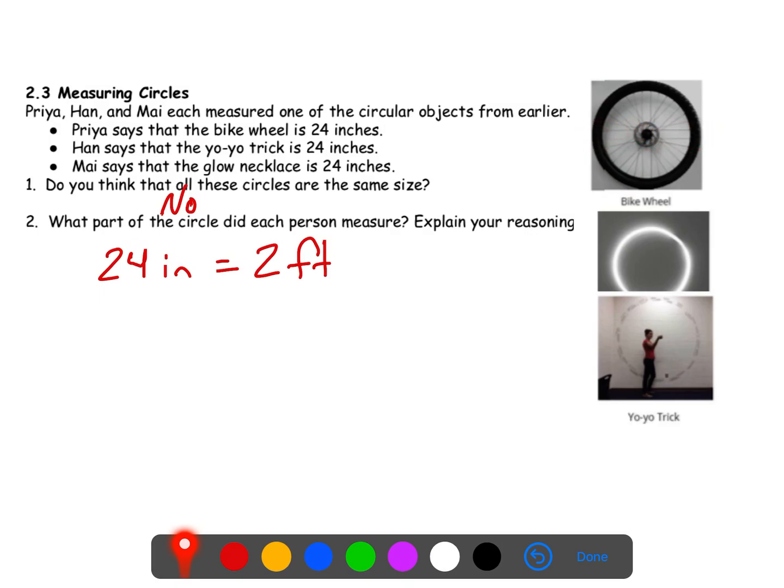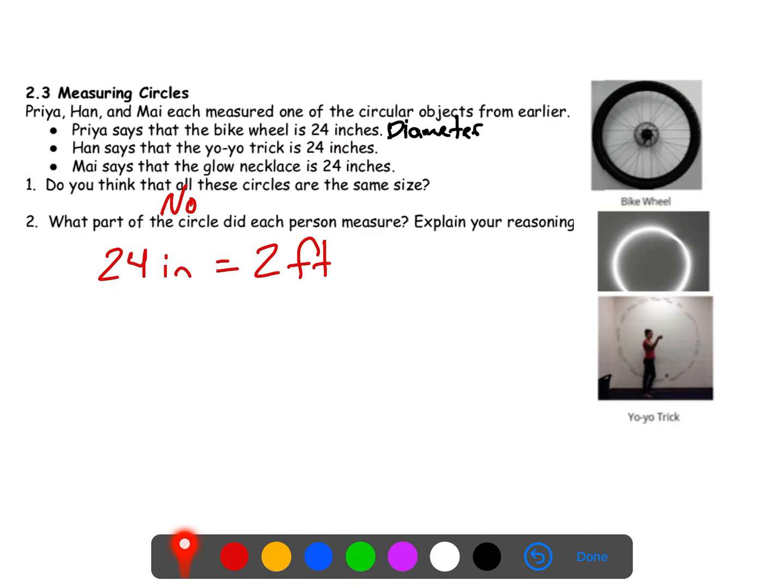And remember, the distance across the circle going through the center point from edge to edge is the diameter. So let's label that as diameter.